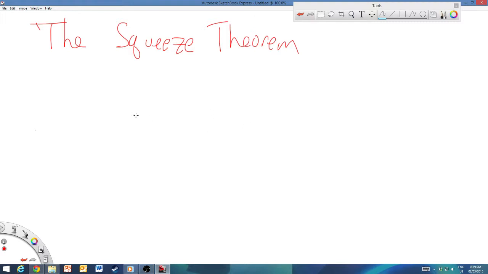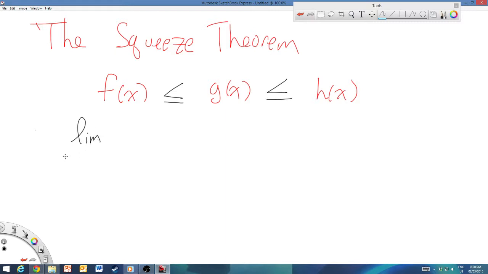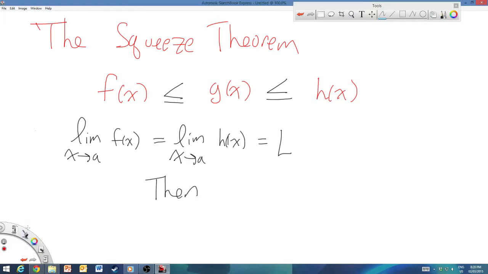The squeeze theorem basically states the following: if I have three functions, f of x, g of x, and h of x, and all these functions follow this hierarchy where f of x is less than or equal to g of x, and g of x is less than or equal to h of x, and the following is true: the limit as x goes to a of f of x is equal to the limit as x goes to a of h of x, and this limit exists, then the following must be true.